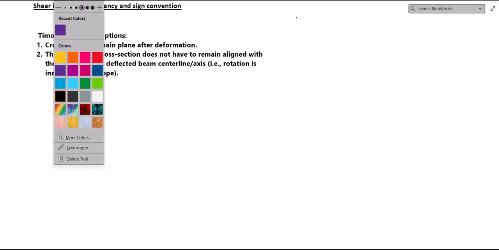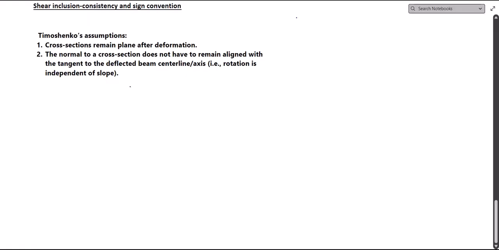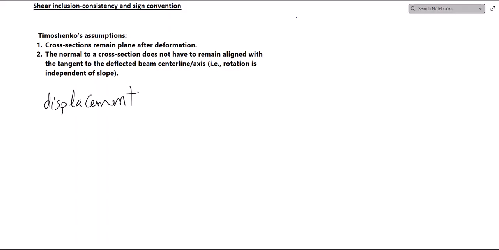Actually come here and look at this displacement, more from the point of view of the sign convention of phi.